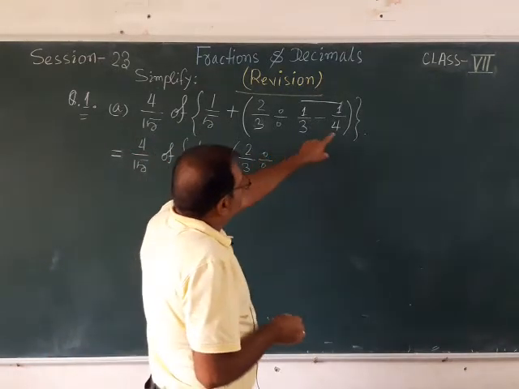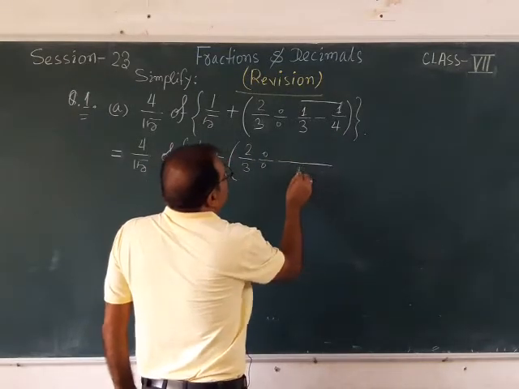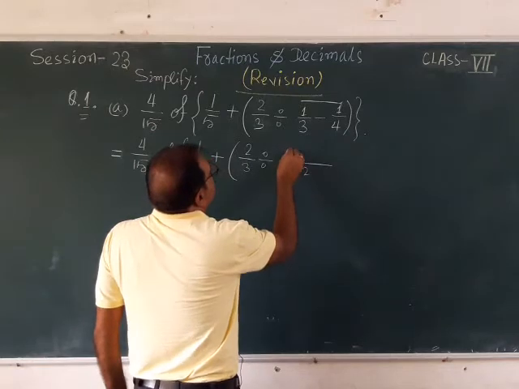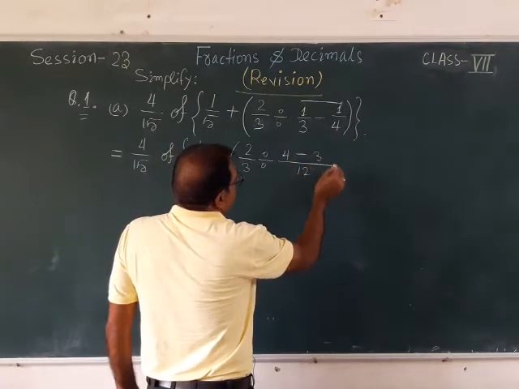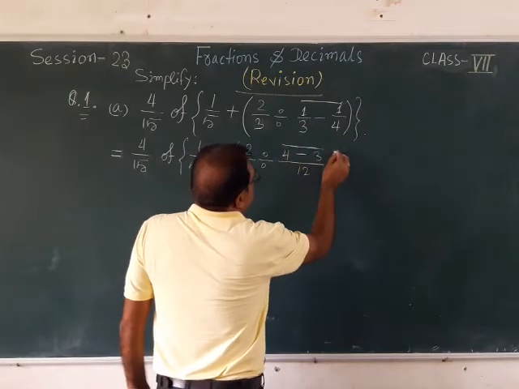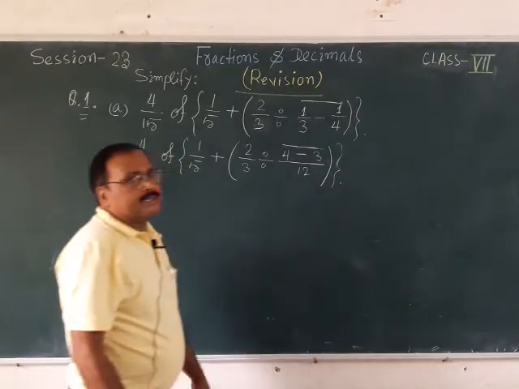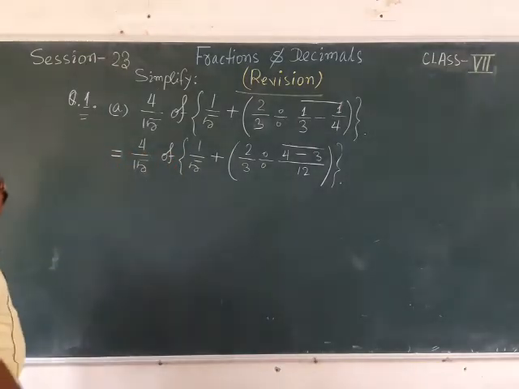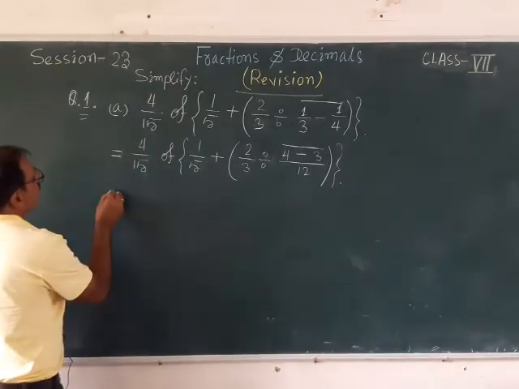Now 1 by 3 minus 1 by 4, this work will be done first. The LCM of 3 and 4 will be 12; 3 4s are 12, so 4 ones are 4 minus 3 ones are 3 over 12. Here you have to keep all the brackets until the work is finished. So at one time you should try to do only one work.